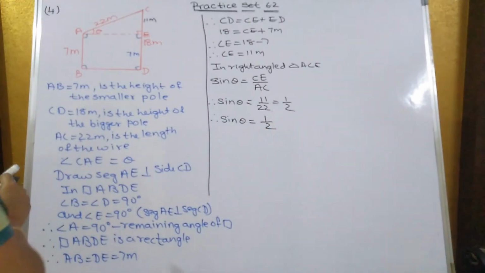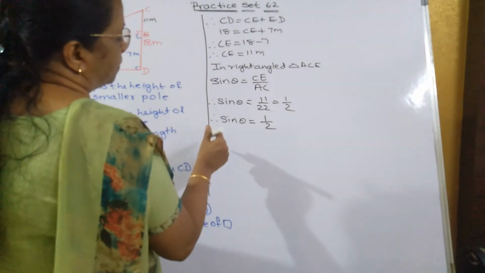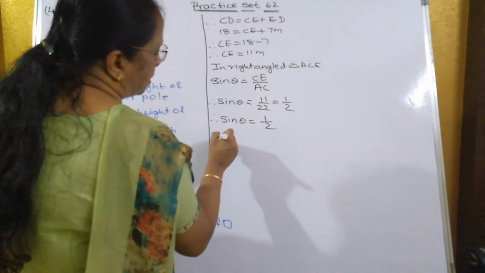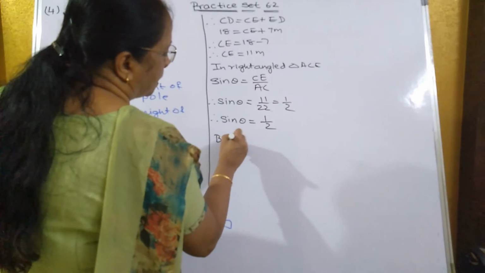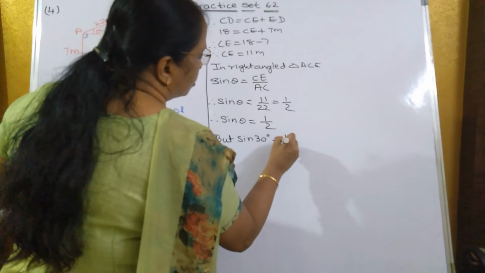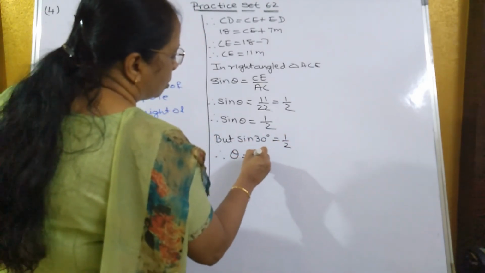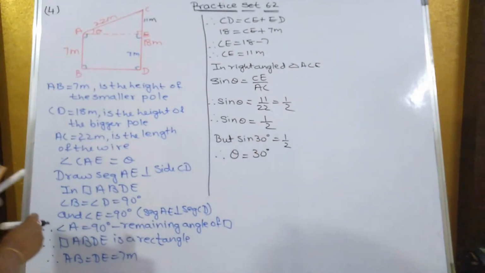So which angle of sine is equal to half? That is sine 30 degree. Sine 30 degree is equal to half. Therefore theta is equal to 30 degree.